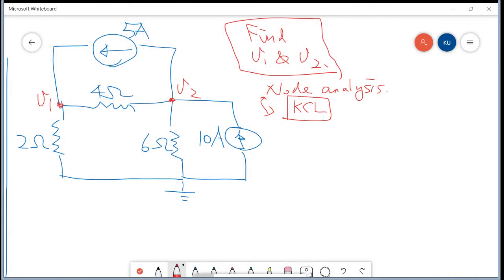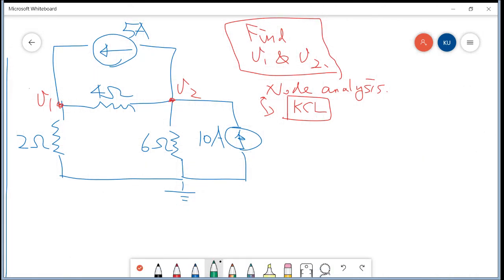So for the first equation, we try to use the KCL at node 1. There will be 3 currents. One is going like this, one is going like this, one is going like this.